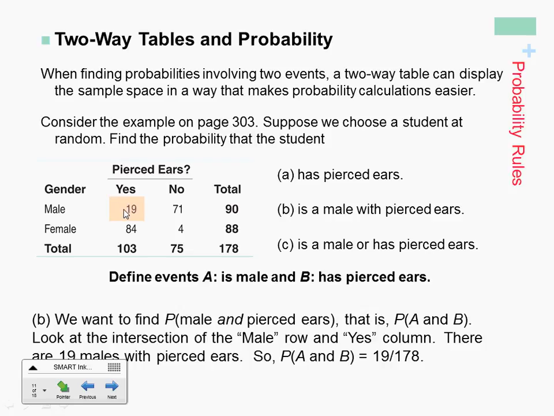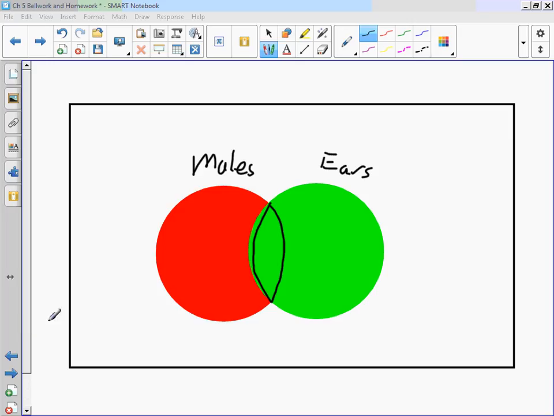Next, lastly, is male or has pierced ears. Now, here's the real kicker. I'm going to exit out of this again. They're male or have pierced ears. That means they could be male or they have their ears pierced. So we're talking about anybody who has their ears pierced or are male.